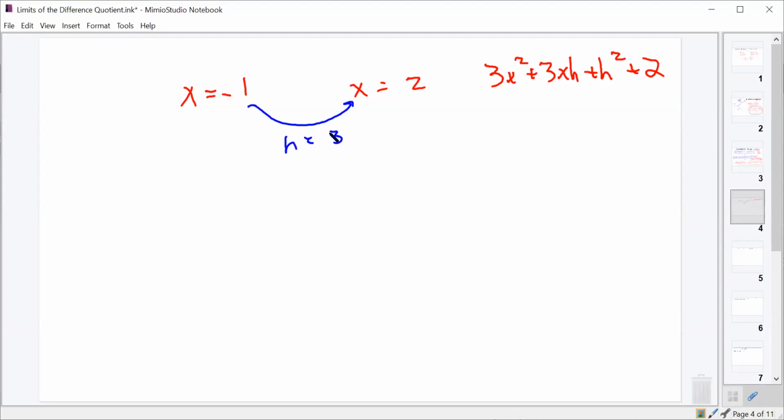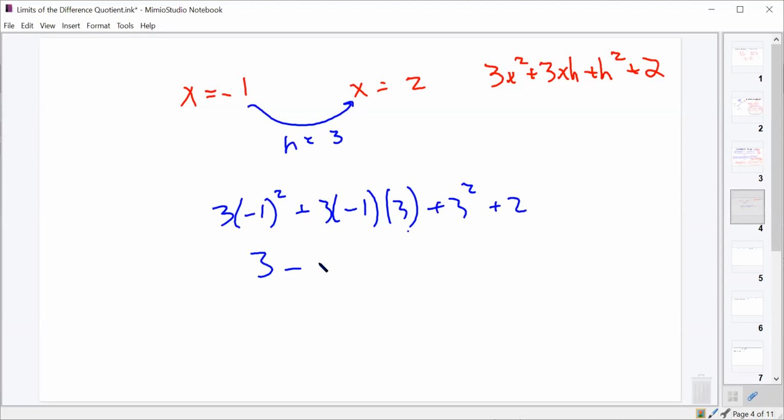Because that's the difference between -1 and 2. So we should do 3 times -1 squared plus 3 times -1 times 3 plus 3 squared plus 2. And that ends up giving us 3 minus 9 plus 9 plus 2, or a slope of what?